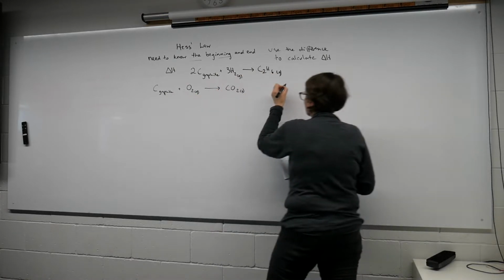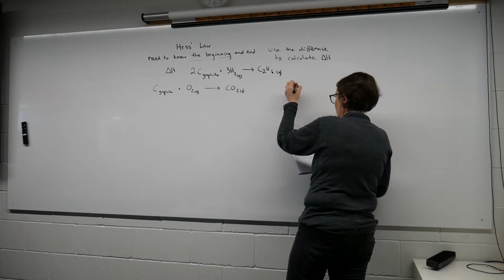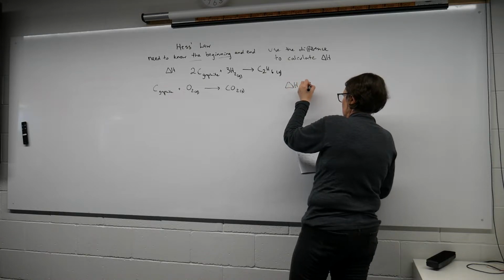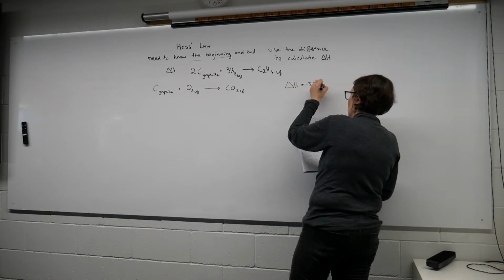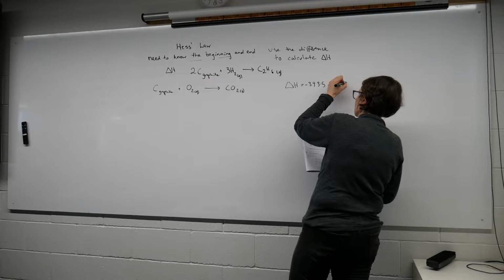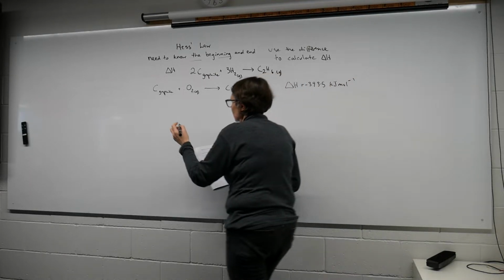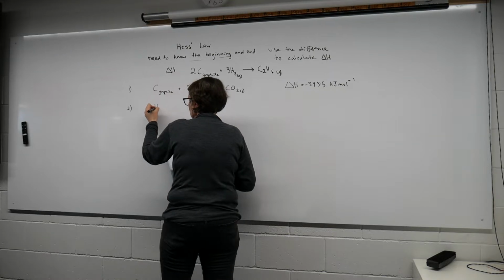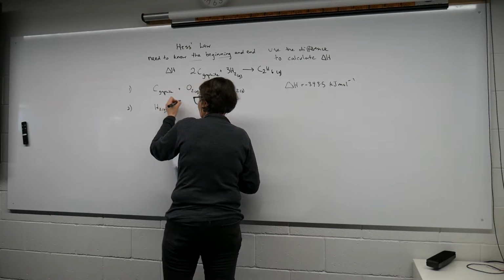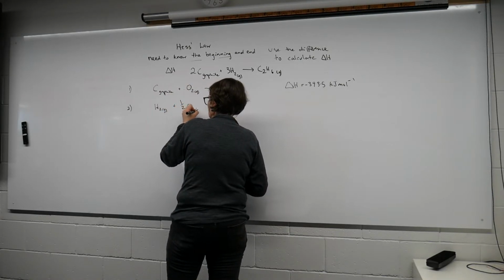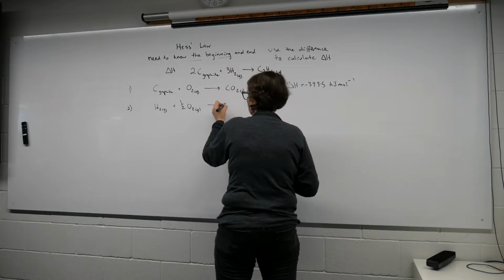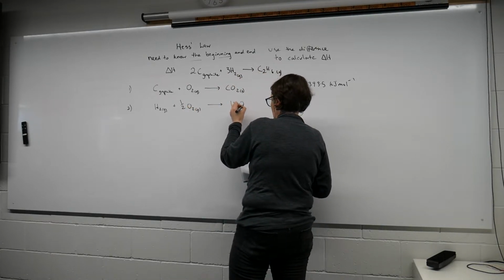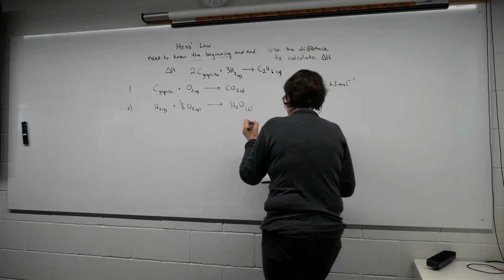We're also told the change in enthalpy for that reaction, minus 393.5 kilojoules per mole. The second reaction we're given is hydrogen gas plus a half oxygen gas, giving us water as liquid.